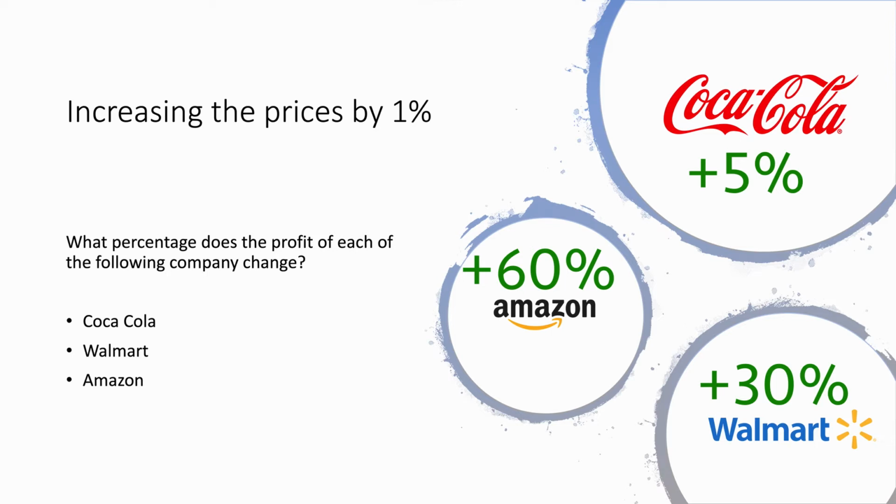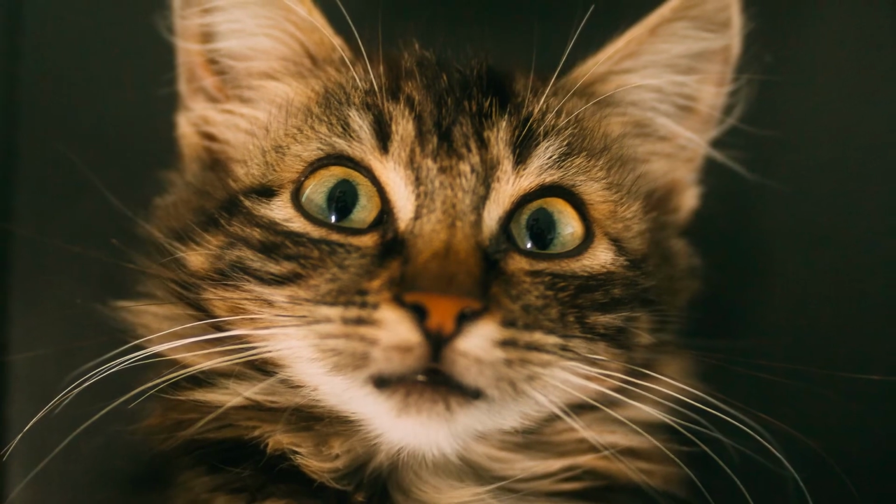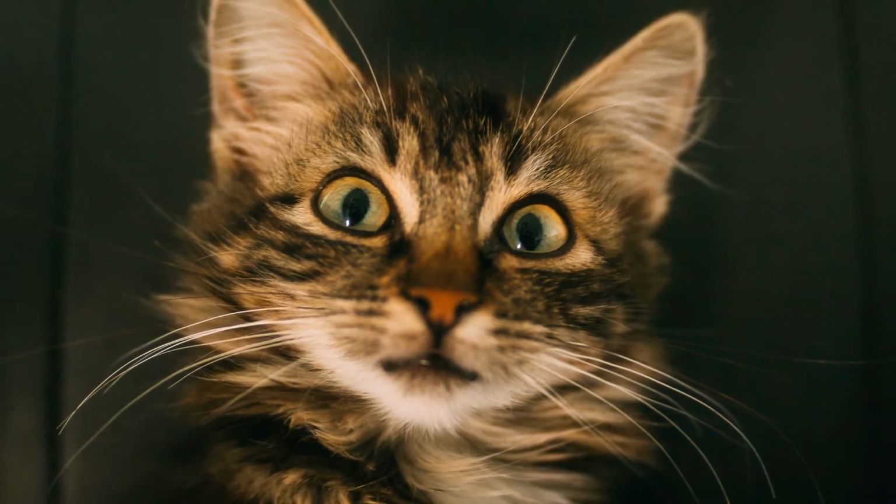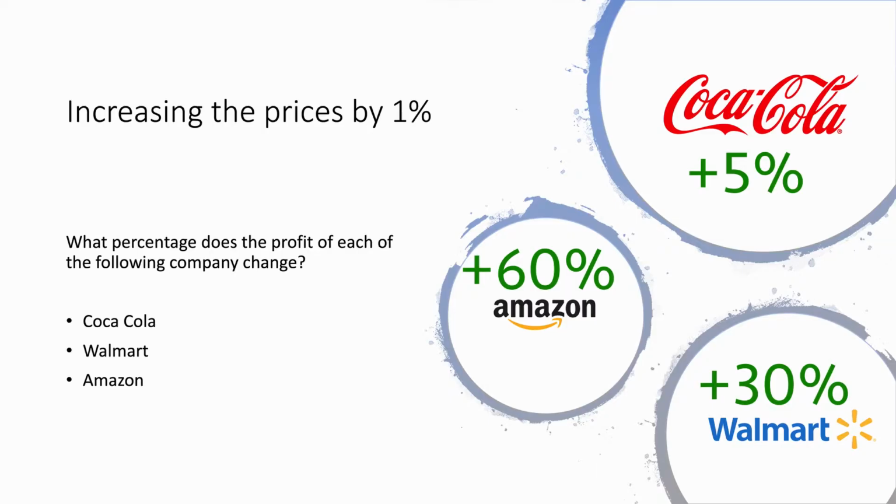So you may be asking, why such drastic differences for these three companies? The key point here is what matters for profitability is not price itself. It is the profit margin, that is, what percentage of your total revenue is actually your profit.